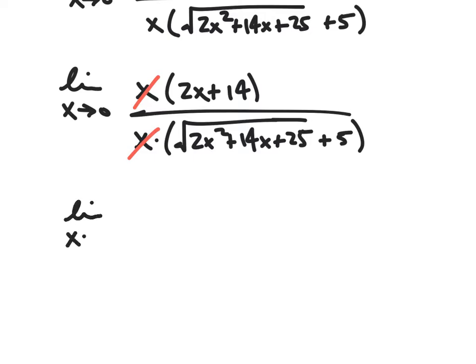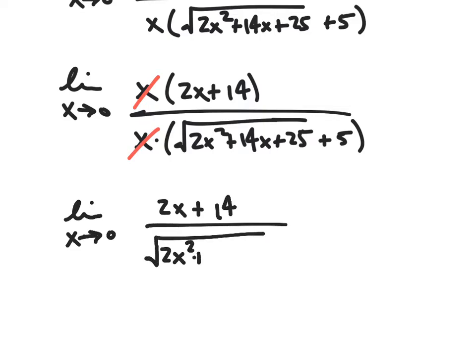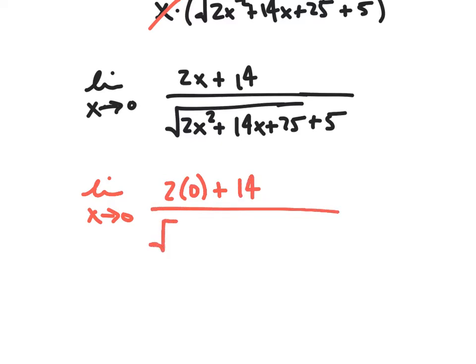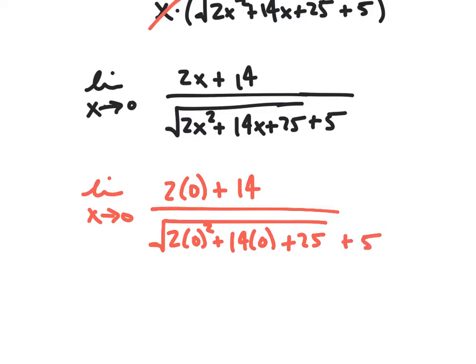So the limit as x approaches 0 of 2x plus 14 over the square root of 2x squared plus 14x plus 25, and then plus 5 on the bottom. Now I can just do direct substitution and plug in 0 for x. I'm using red to show that I'm plugging in that value for x. So I've got 2 times 0 plus 14 over the square root of 2 times 0 squared plus 14 times 0 plus 25, and then plus 5.